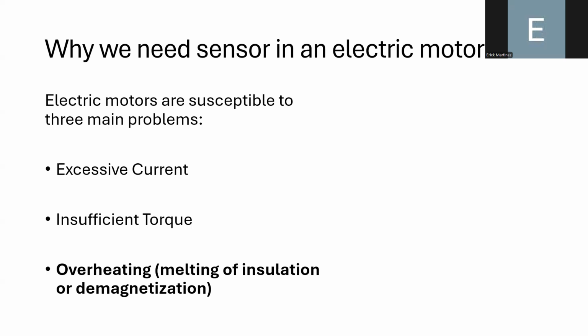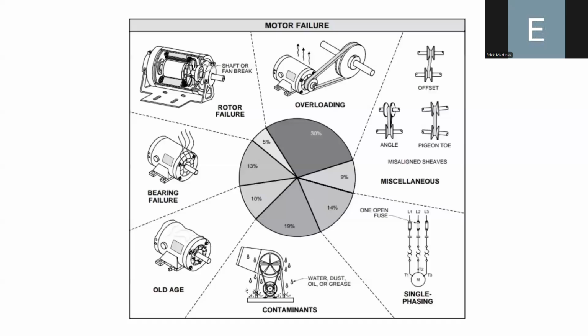Okay. And that is a problem, because the magnetic fields are the ones that are producing the torque, so you will start to lose the torque capability of your motor.